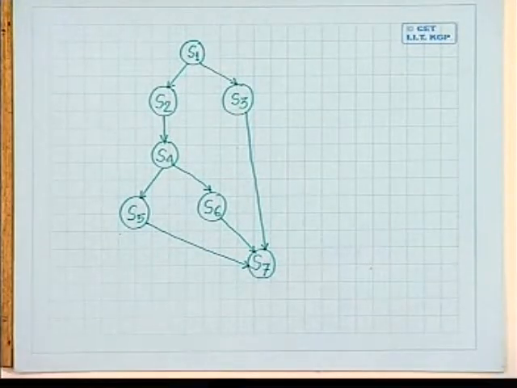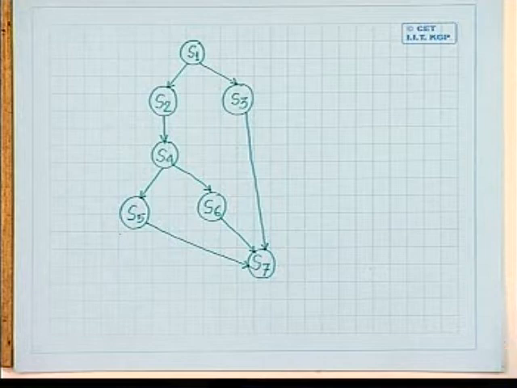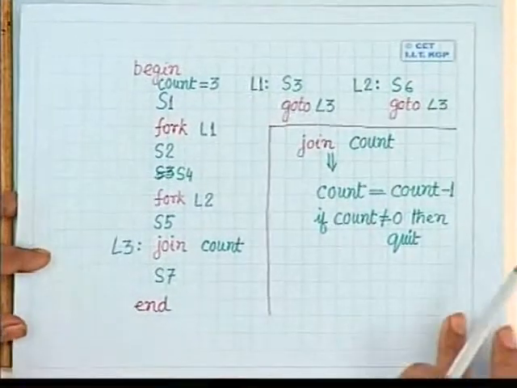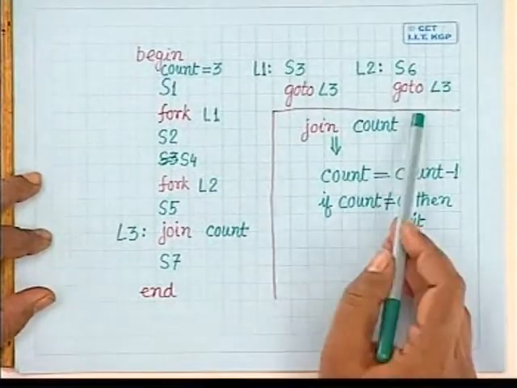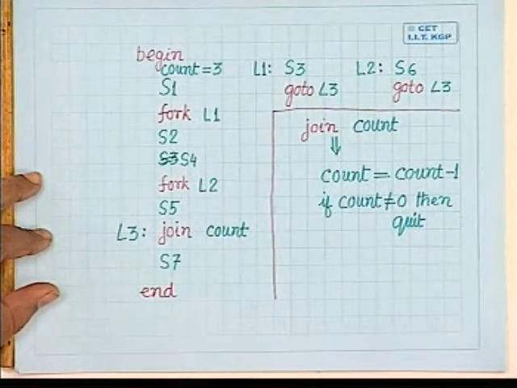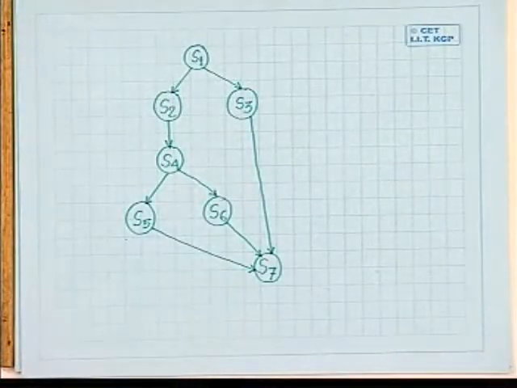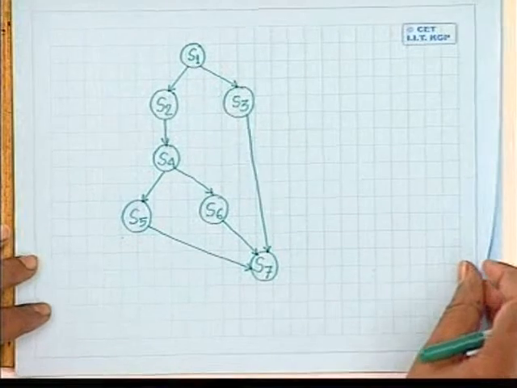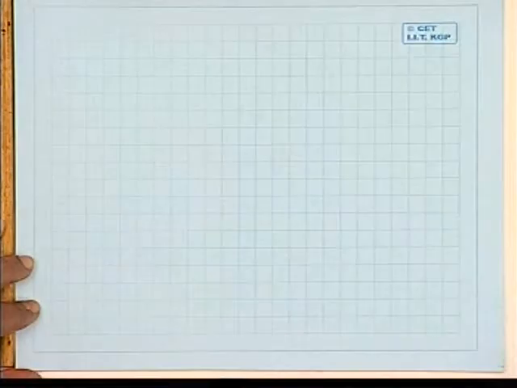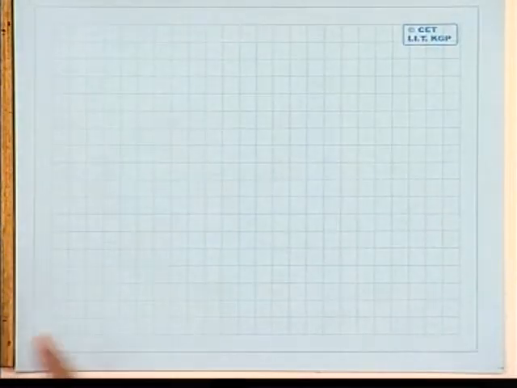And we have seen that this precedence graph can be easily converted into a parallel program using the fork join structure, and that program was this. Now, if I take a variation of this precedence graph, I'll make a slight modification. Now I'll consider a precedence graph like this.